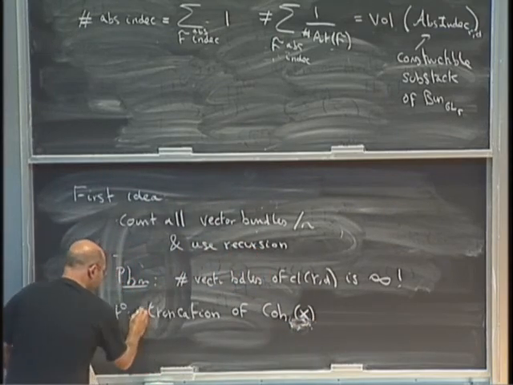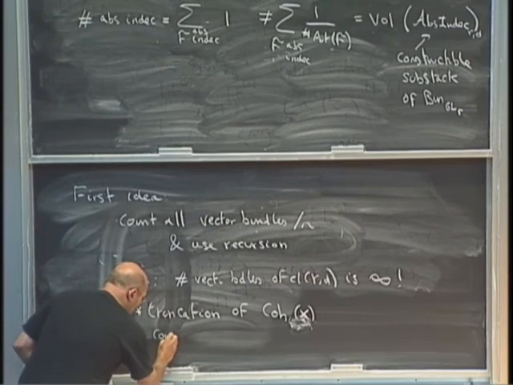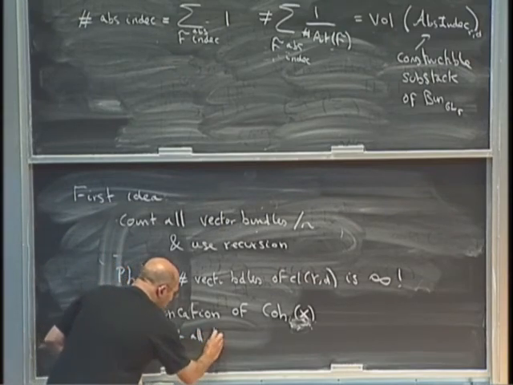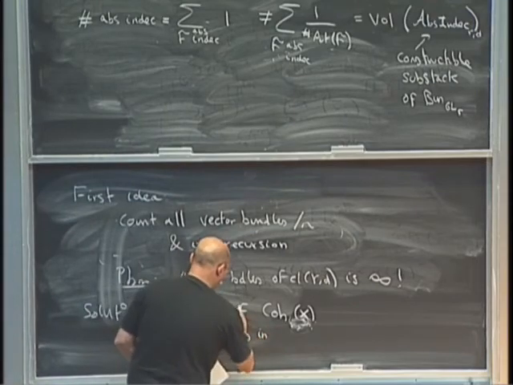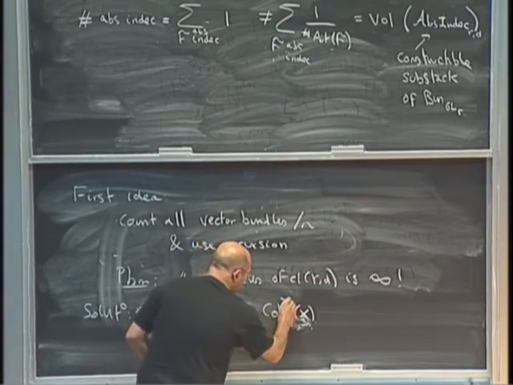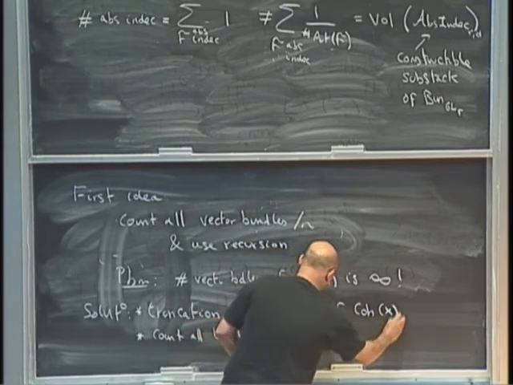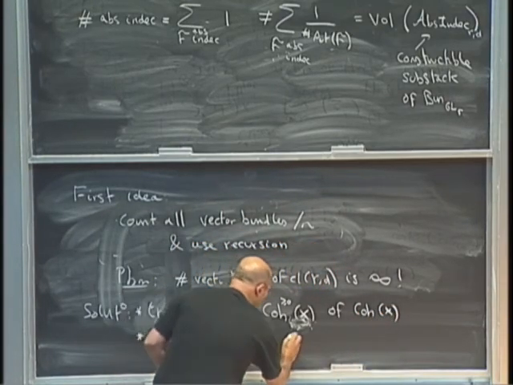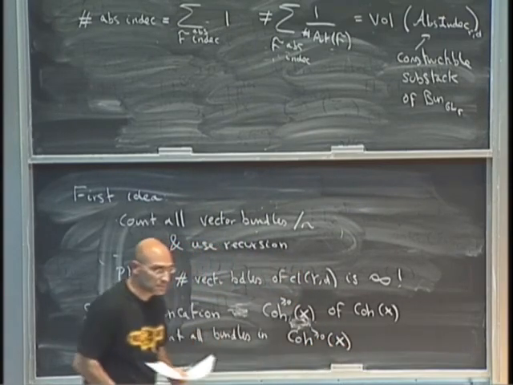Find a truncation, let me denote it like this, of Coh X, and count all bundles in this set.